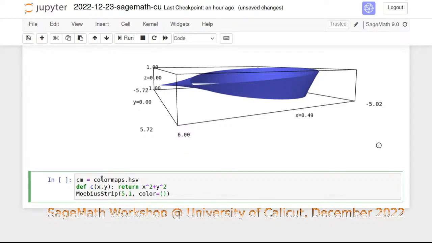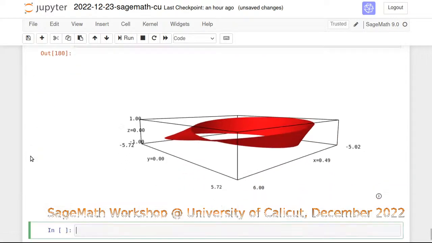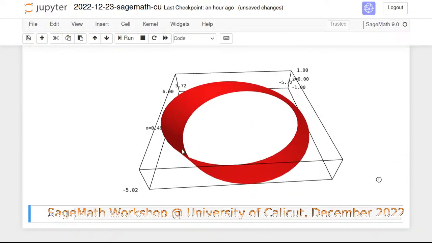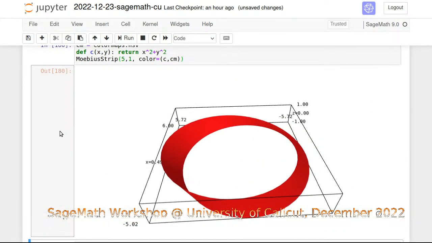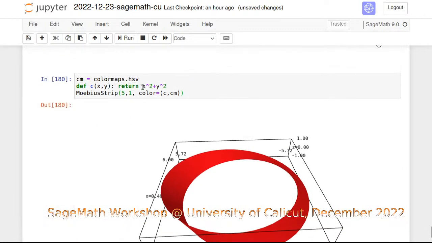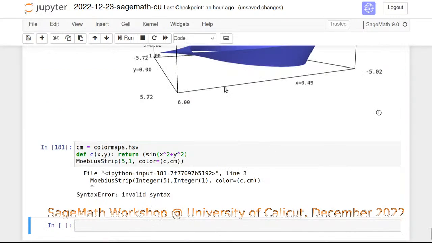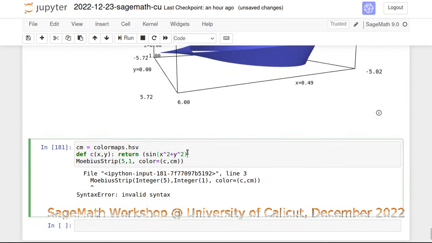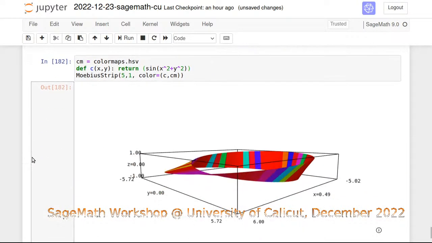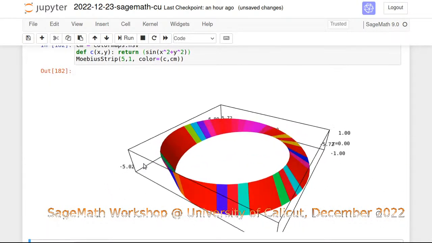If you give the color map, then how does this look? Oh, it looks like a red color thing. x square plus y square, or maybe sine of that, to make it vary a little bit, to make it a little bit colorful.